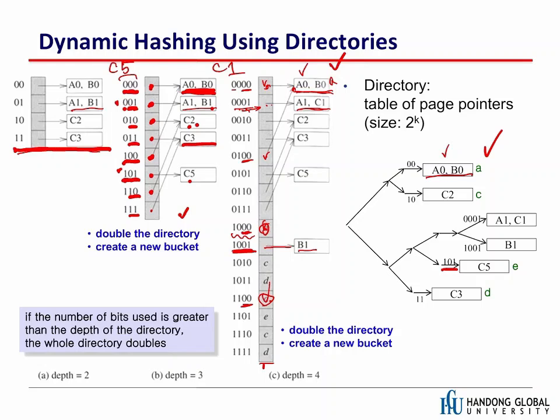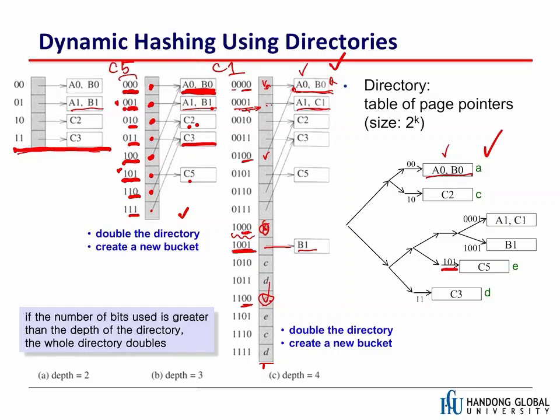So this is an indirect method. We cannot go to the bucket directly. We have to go to a directory first, and then that directory will guide us to a specific bucket. That's dynamic hashing using directories.